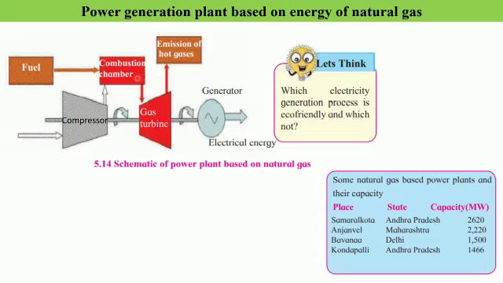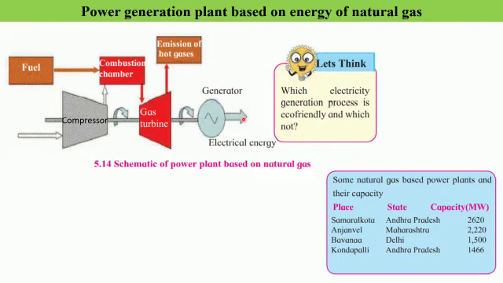Such gas is then allowed to pass through the gas turbine. This results in the rotation of the gas turbine, or we say that the natural gas now drives the gas turbine. Due to the rotation of the gas turbine, the generator also starts rotating, and we get electric energy.